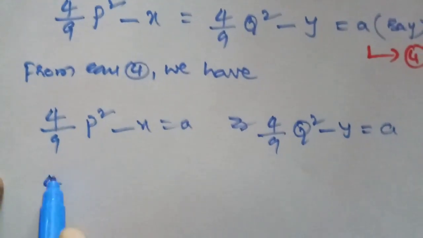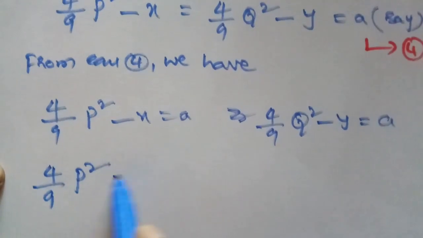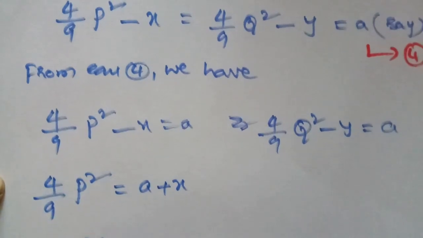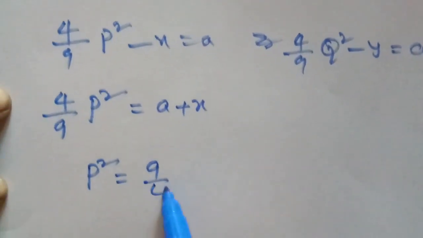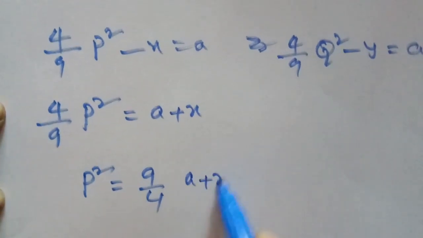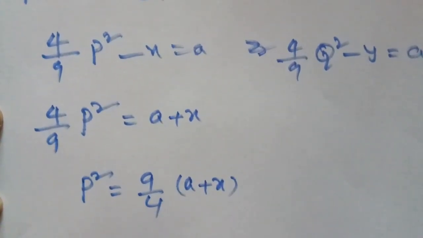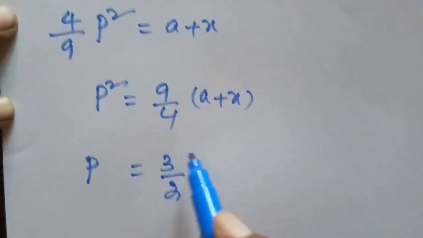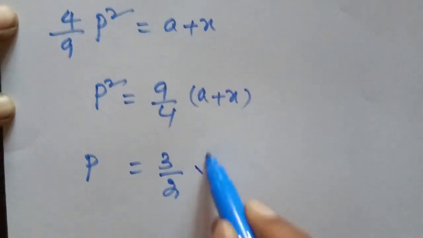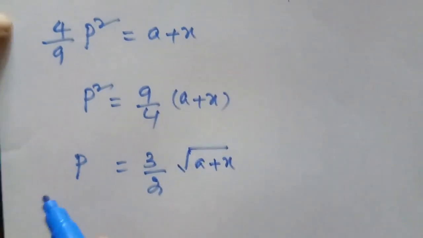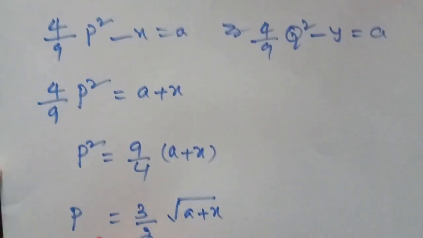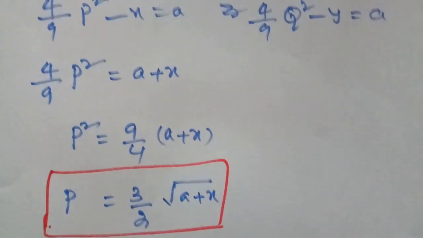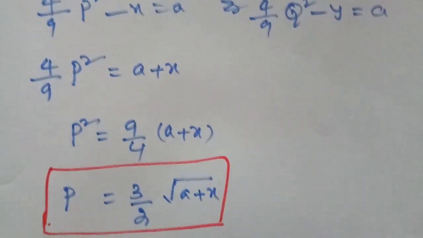Therefore, this can be written as 4 by 9 p square is equal to a plus x. Therefore, p square is equal to, by cross multiplication, 9 by 4 into a plus x. Therefore, p is equal to square root of 9 is 3, square root of 4 is 2, so 3 by 2 into root of a plus x. Say this is equation number 5.